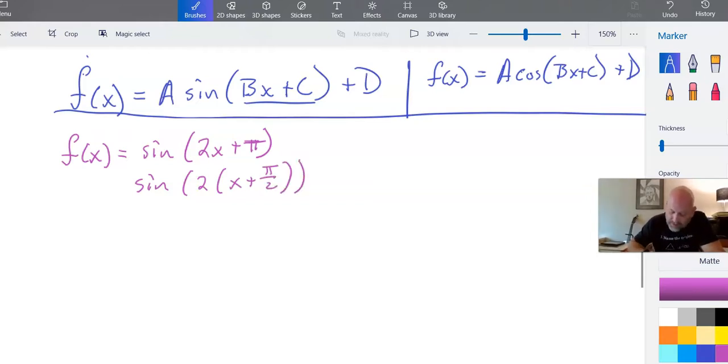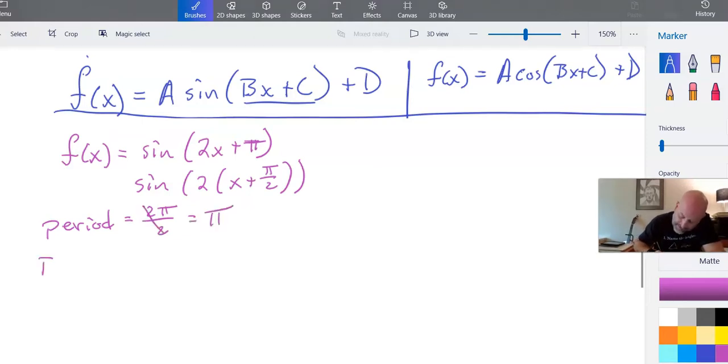Okay, so if you go ahead and factor that out first, that gives you two things. The 2 is B. It's what changes the period, right? So that means that my period is equal to 2 pi over 2, or those 2's cancel, so the period is pi.